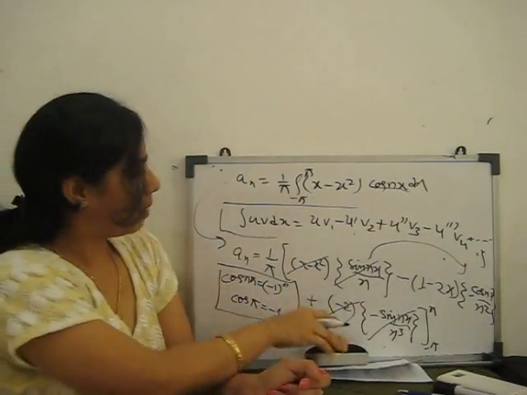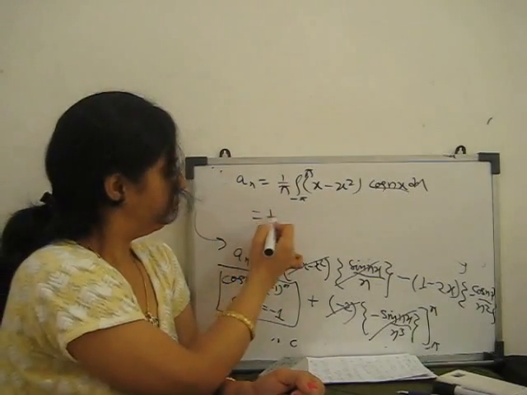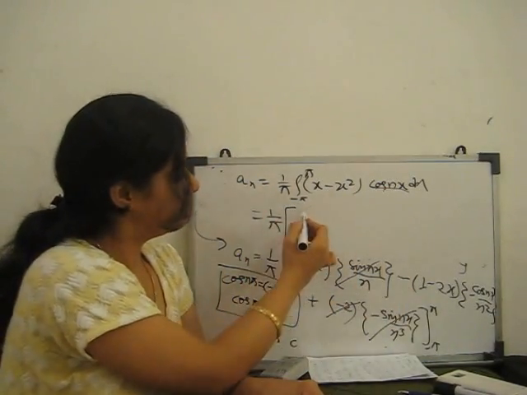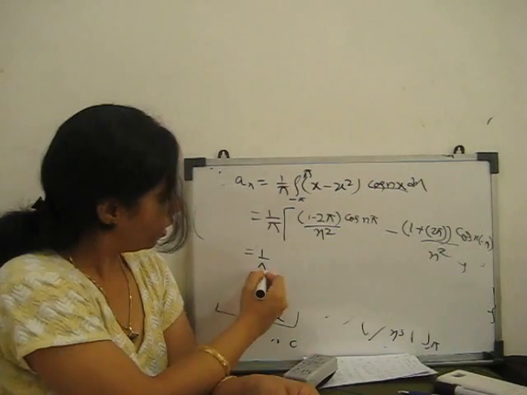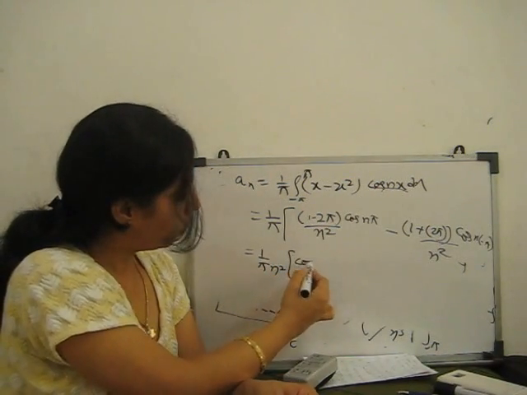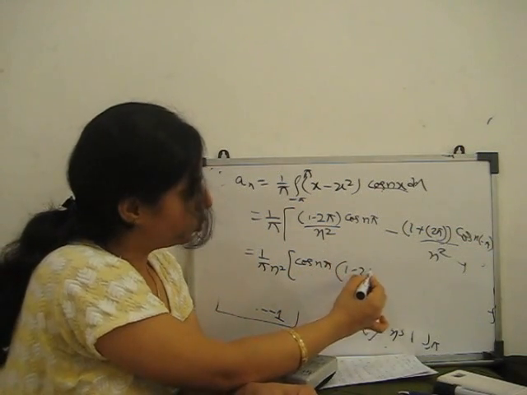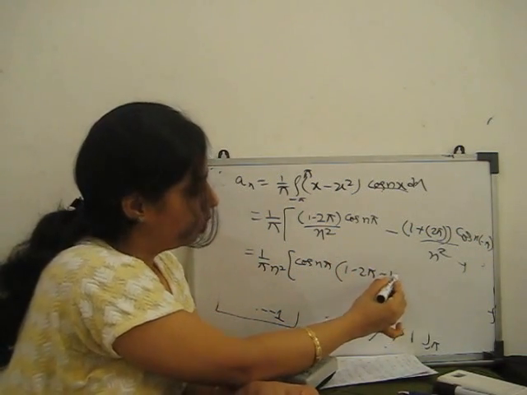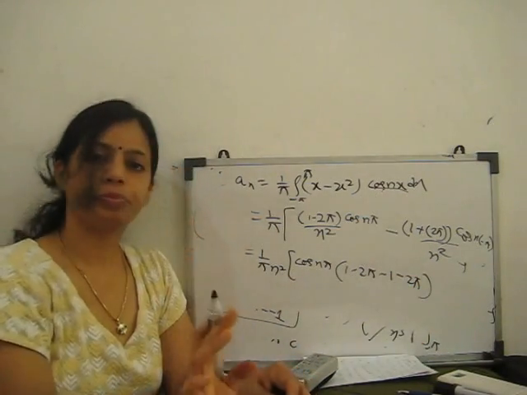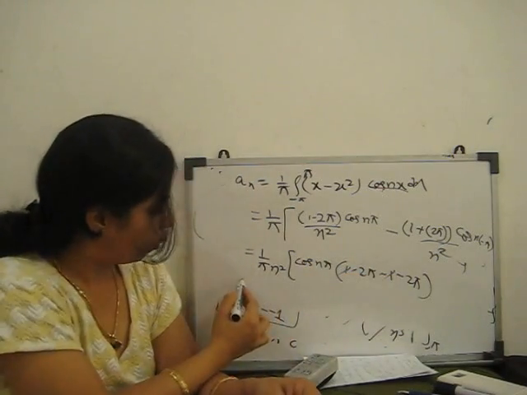So when you apply the limit, our an is 1/π, with -1/n² and cos nπ taken outside. What is left over is (1 - 2π) minus (1 + 2π). Clear? So 1 and -1 cancel, giving -4π.